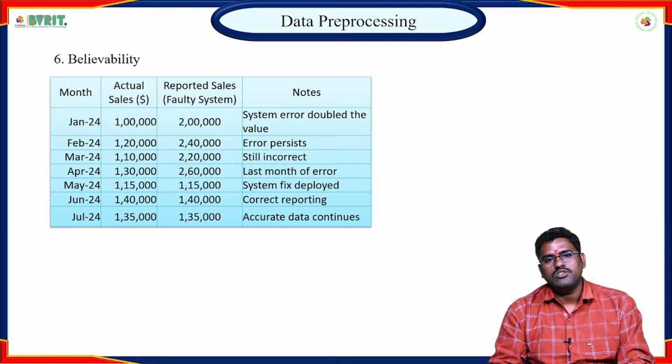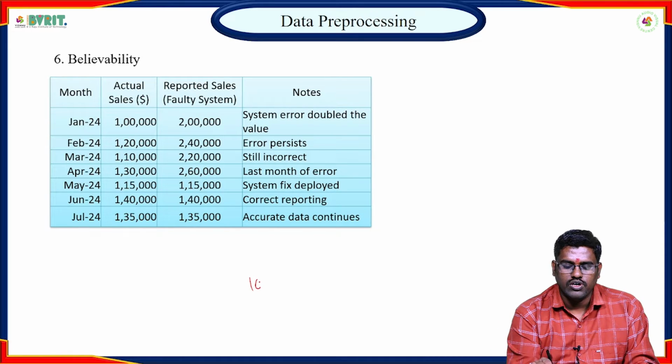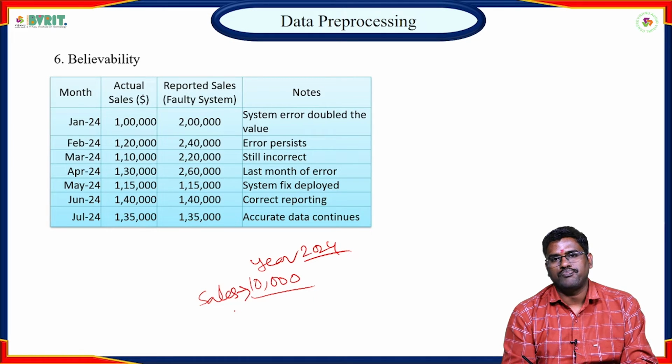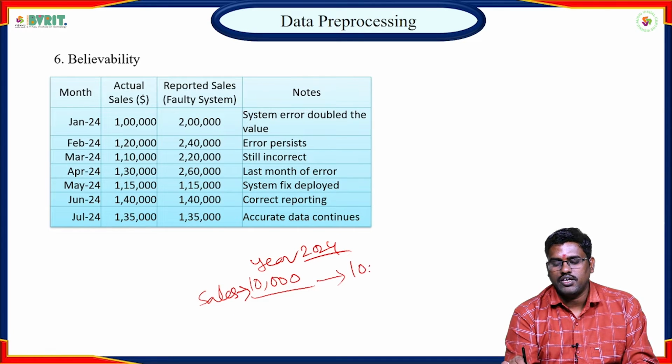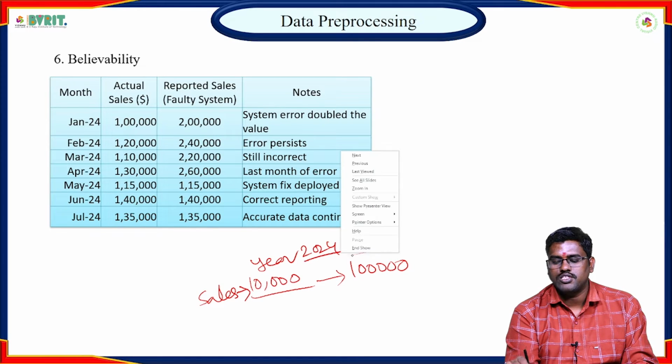Billability means, for example, if actually my sales amount is 10,000 for this year, 2024, my sales is 10,000 only. But in the report, I am showing it as 1 lakh.